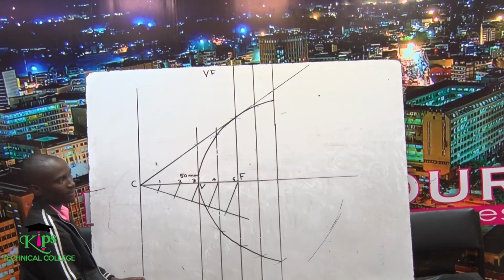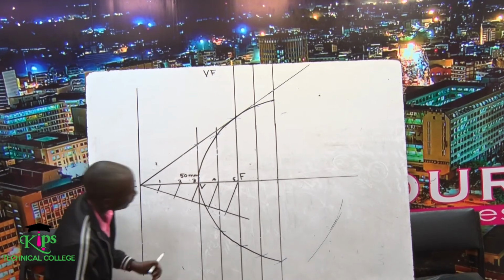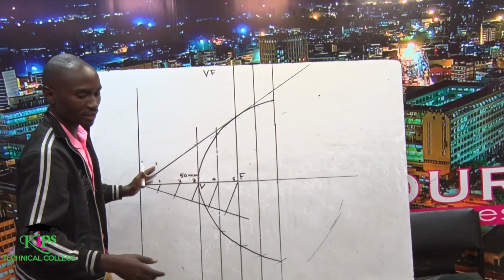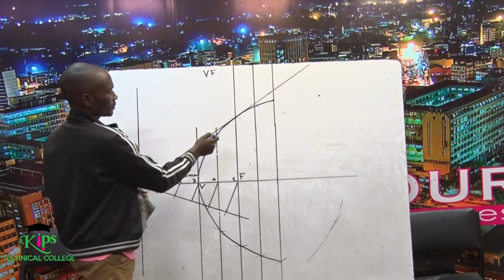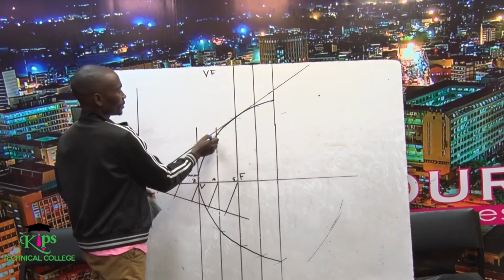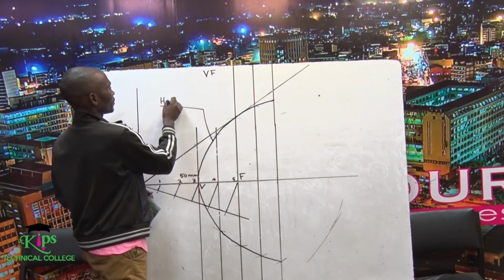So that is how it looks. So you just need to join those points in that manner, and that is how we get to construct it before we get to the summary. So this is the curve that we are interested in. So this is your hyperbola.